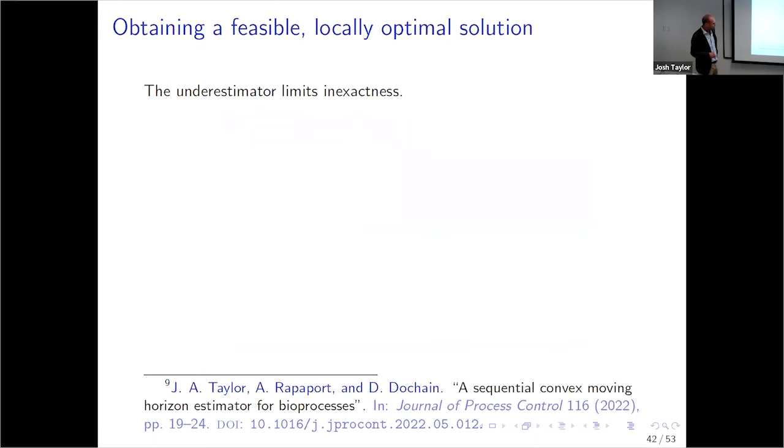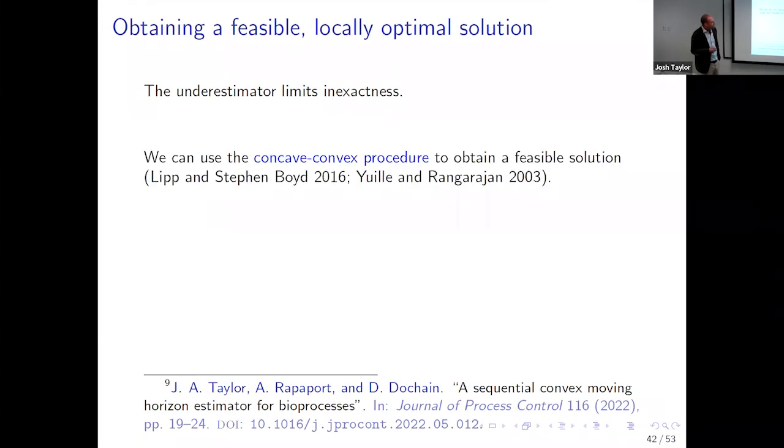So this was a paper we wrote on state estimation, something called moving horizon state estimation, where we actually solve a sequence of second order cone programs to get a feasible solution.